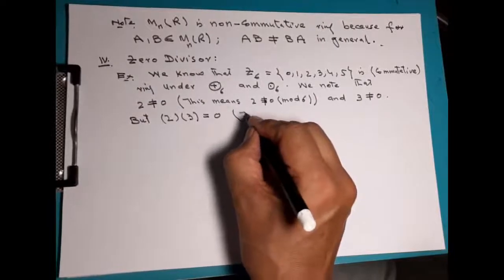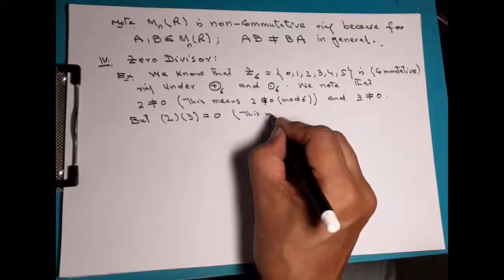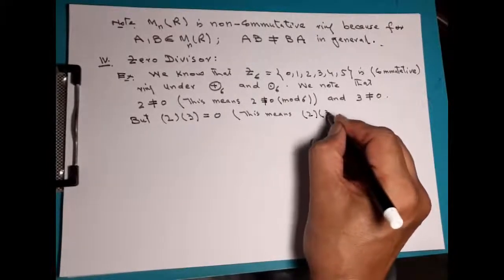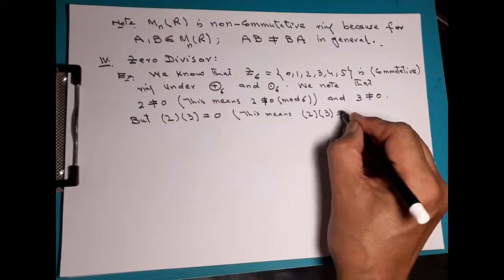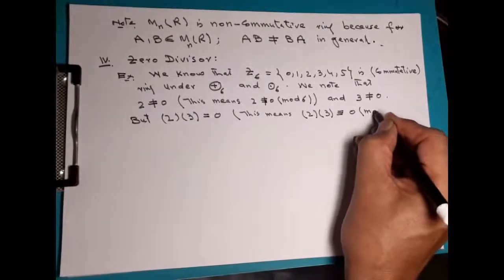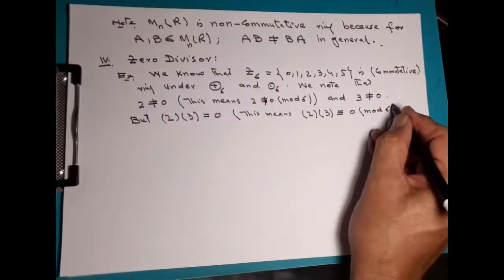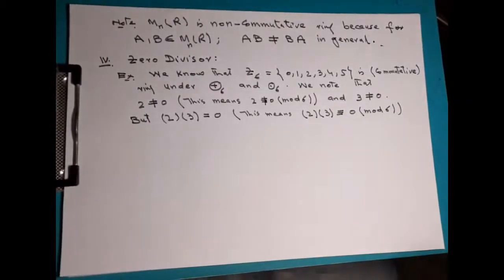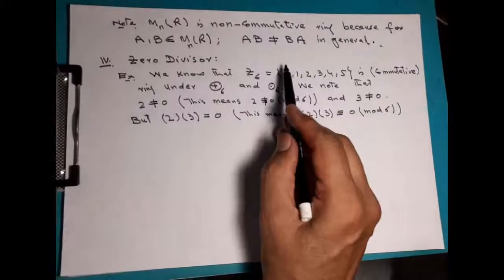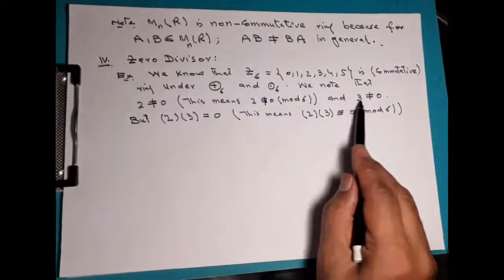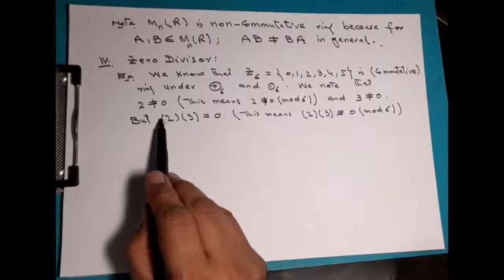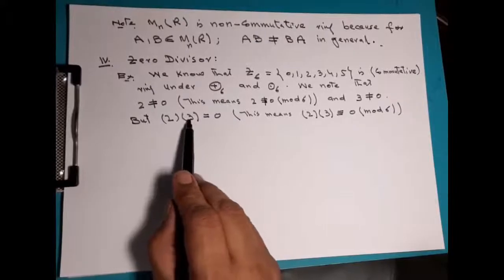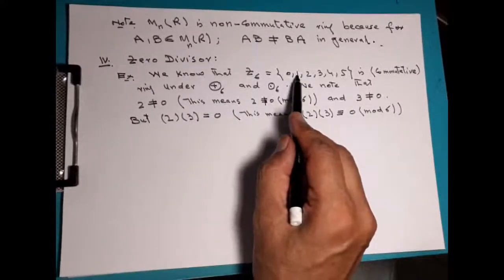This means 2 multiplied with 3 is congruent with 0 mod 6. So what we have noted is that in this particular ring, 2 is not equal to 0, 3 is not equal to 0, but their product is equal to 0. If we multiply these two non-zero elements with each other, we get the 0 element.